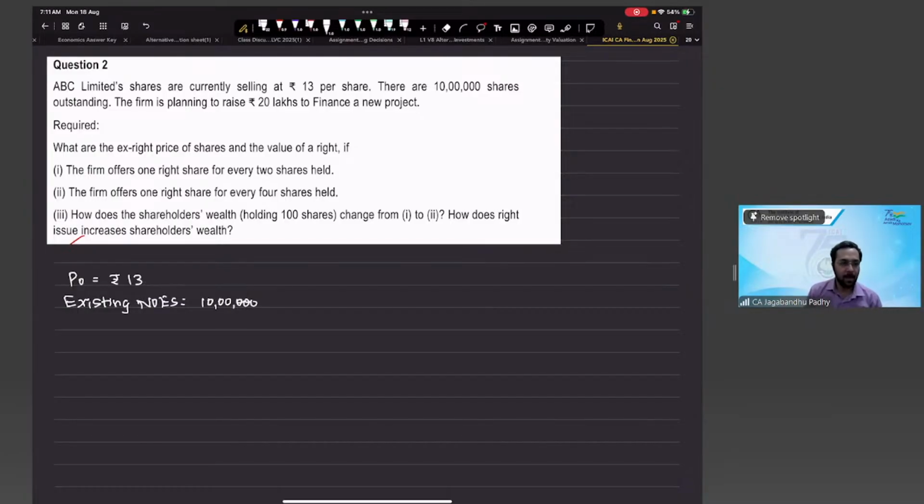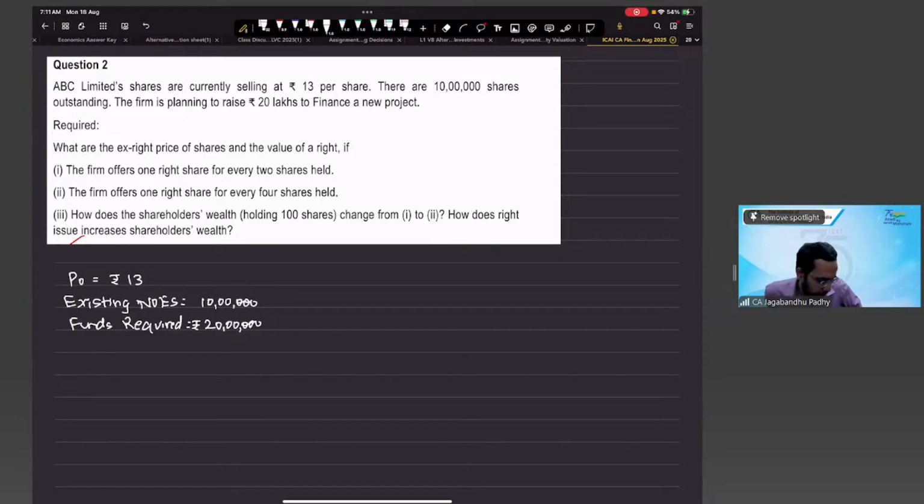The firm is planning to raise 20 lakhs to finance a new project. So the funds required are rupees 20 lakhs, the additional funds that we need to raise.